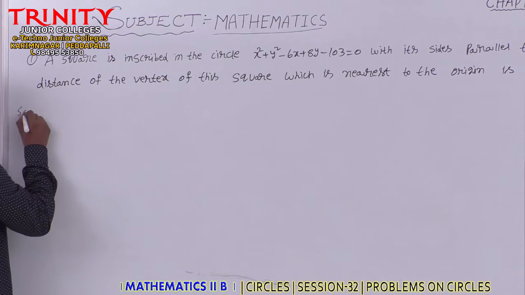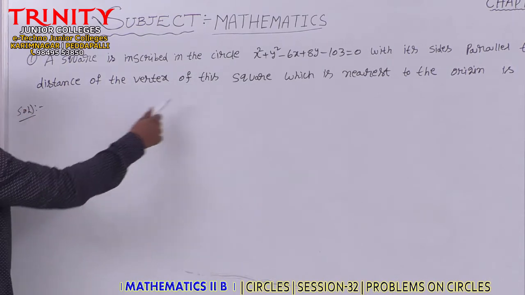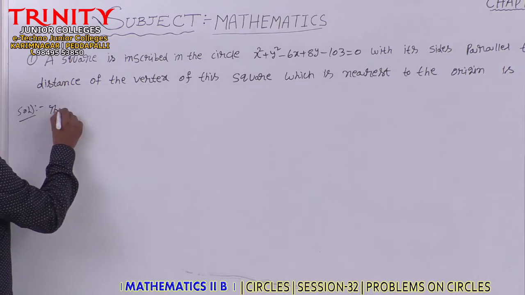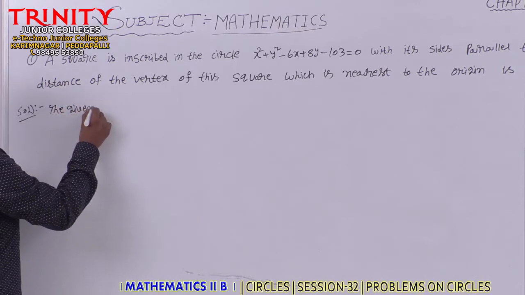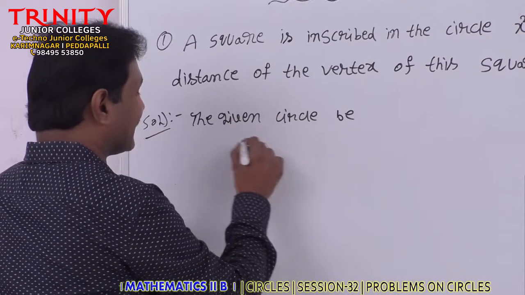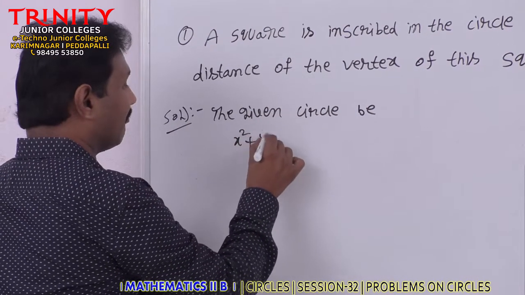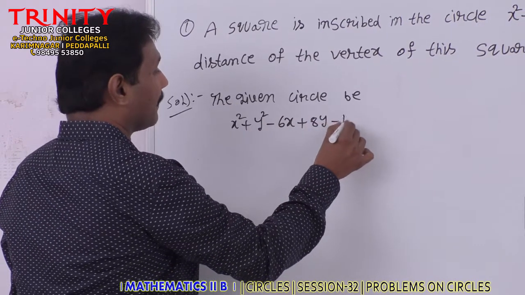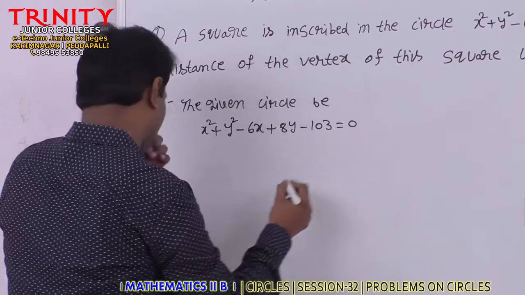First solution. First we find the center and radius of the circle. Observe that the given circle is x square plus y square minus 6x plus 8y minus 103 equal to 0.